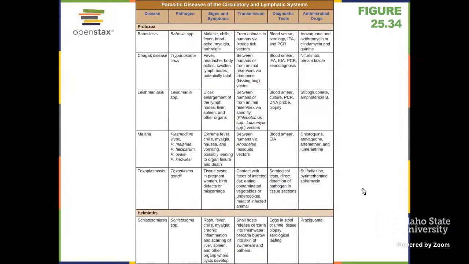We didn't talk about any schistosomes. Schistosomiasis is a fluke that gets into us through the life cycle stage of it that's been released out of a snail.